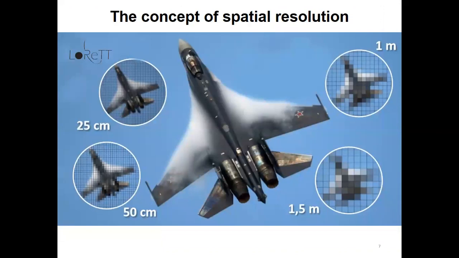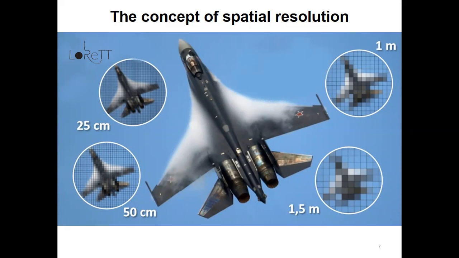First of all, the spatial resolution. Here in that image, the concept is presented: how a particular plane looks, or could look, in the image at different resolutions. The resolution is basically the size of a pixel in the image, and depending on the size of a pixel, you could see some details or not.